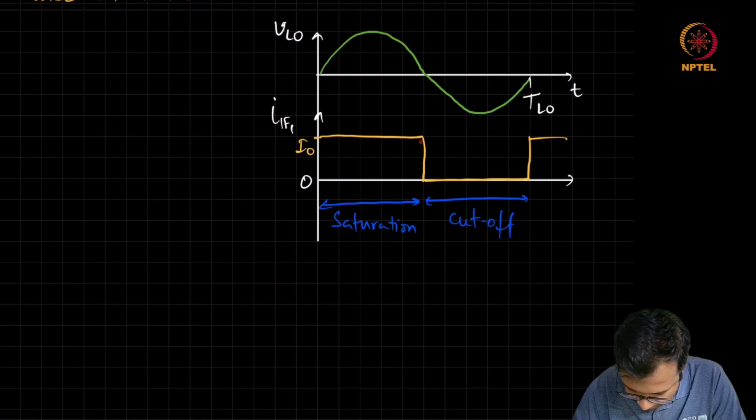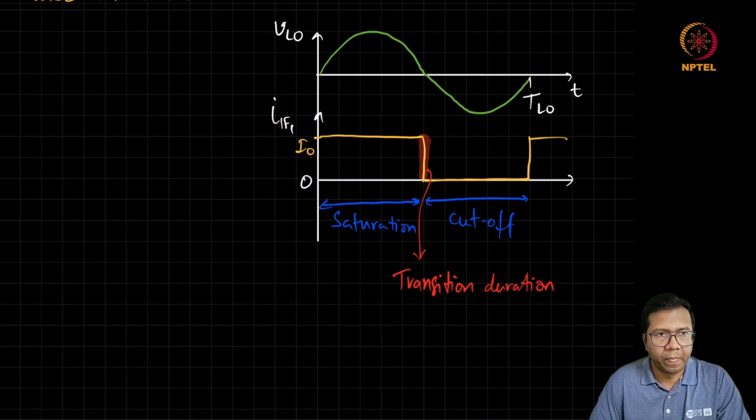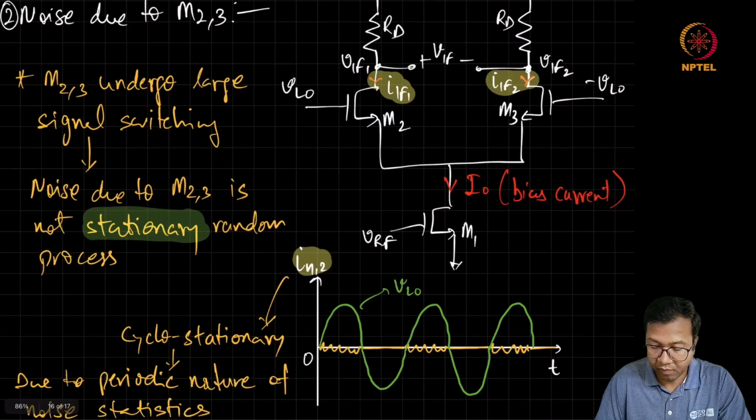Let me highlight this transition region. So during saturation, the equivalent circuit is one where only M2 is connected, where M3 is turned off.